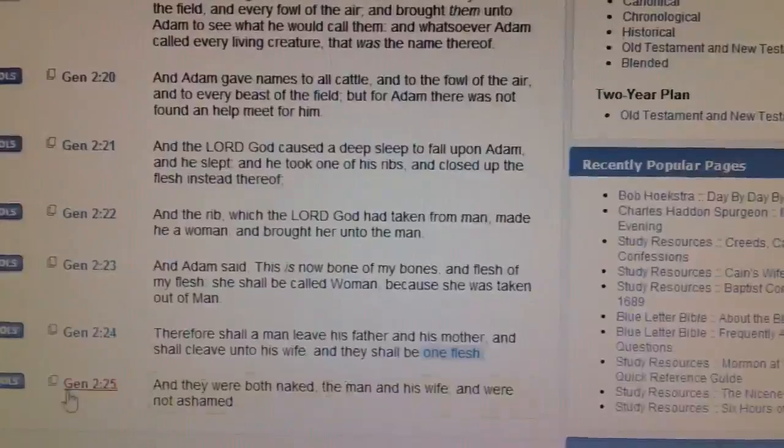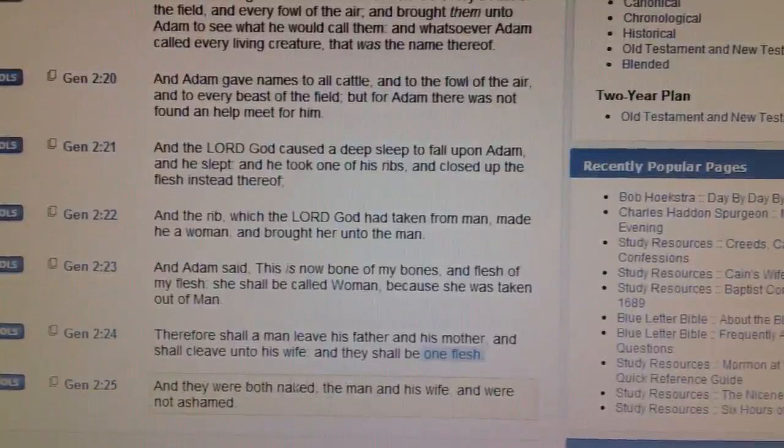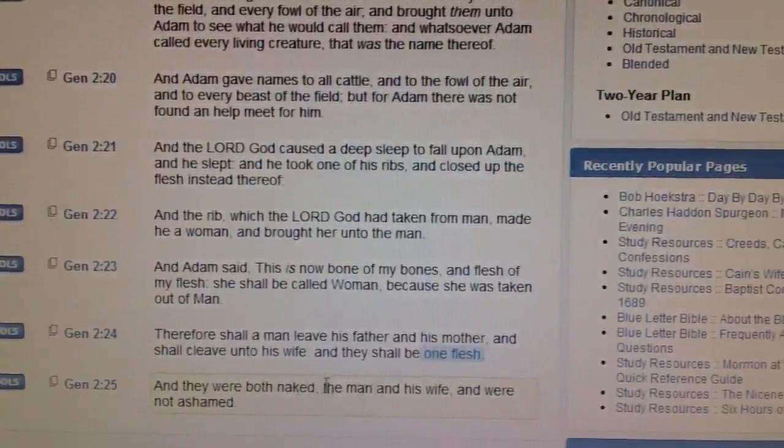When you research Genesis, when you research Adam and Eve, you could basically find that they had one God, and their God was the one who created them.